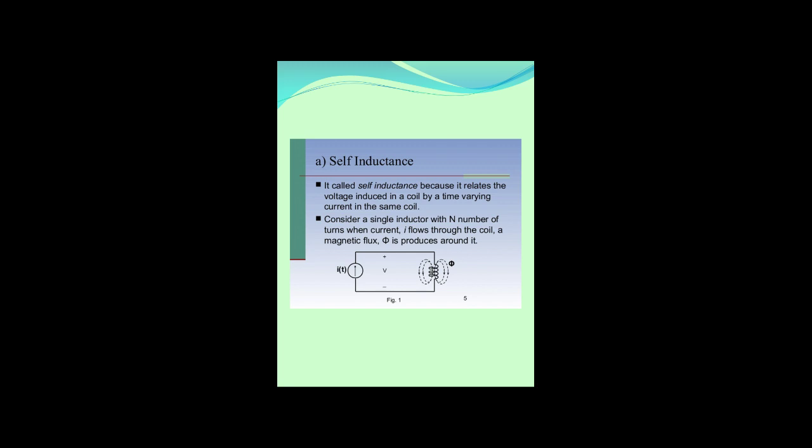In this given circuit, there is a coil which is supplied with a current i(t). So a magnetic field around the coil is induced due to change in current. This magnetic field is also changing, which causes EMF in the coil.